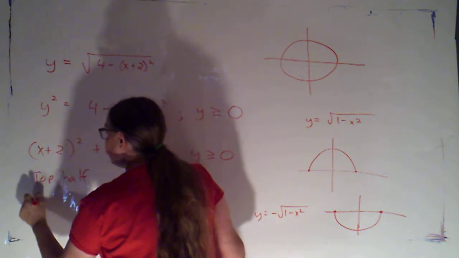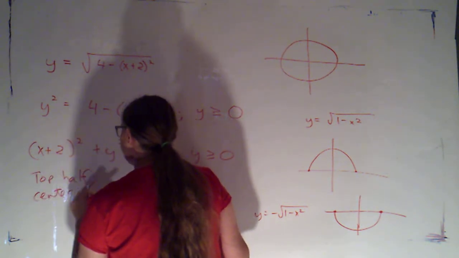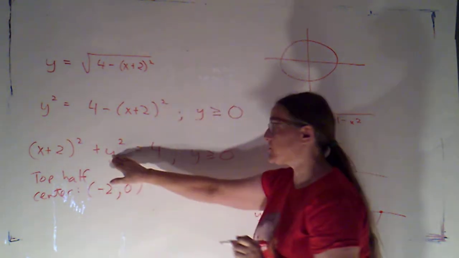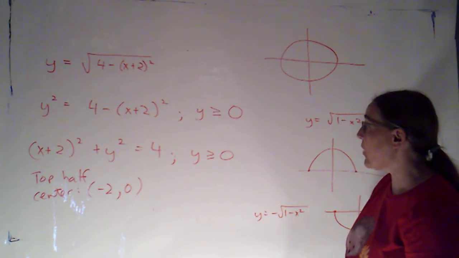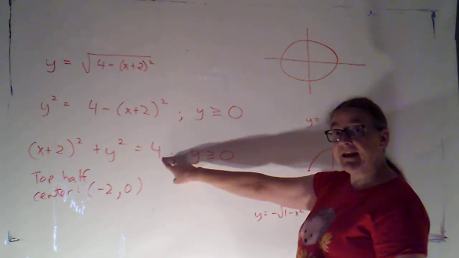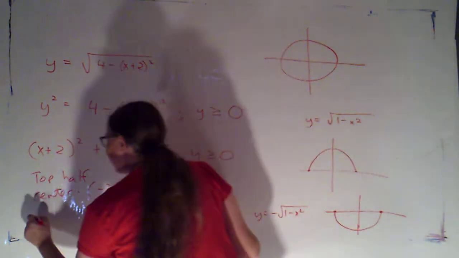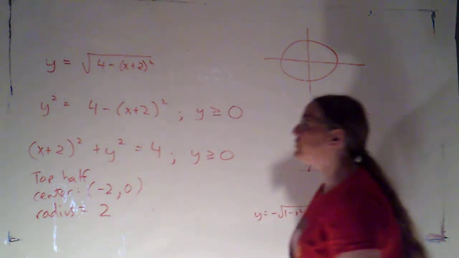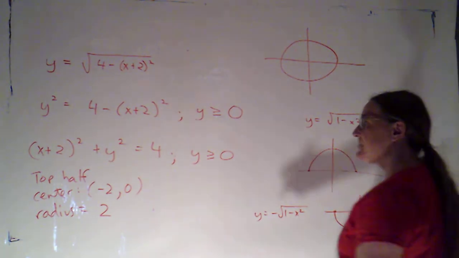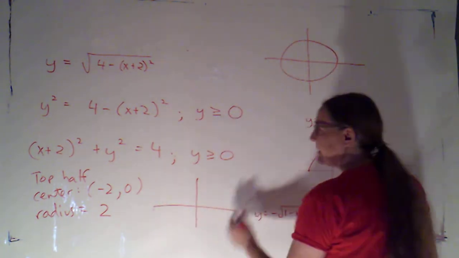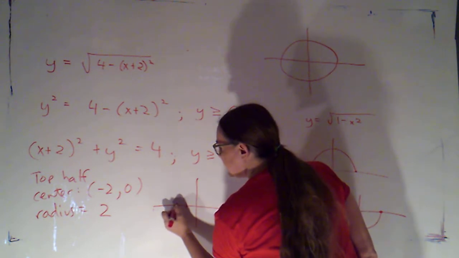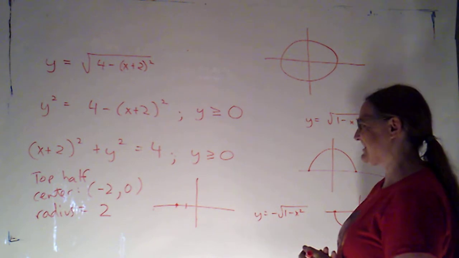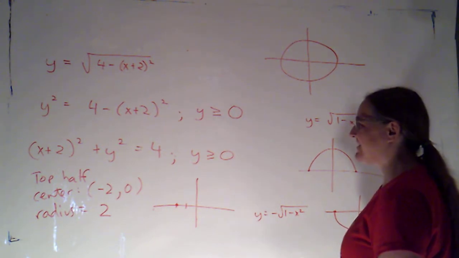It's going to have as its center negative 2, 0, because we're not adding or subtracting anything to the y value. That 4 is my radius squared, so my radius would equal 2. And so I can actually draw that. Here's negative 2, 0. I'm going to temporarily put a point there, although I'll eventually erase that because that's not actually going to be a point on the circle.